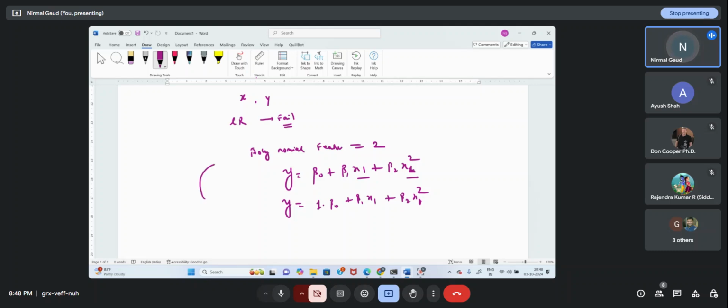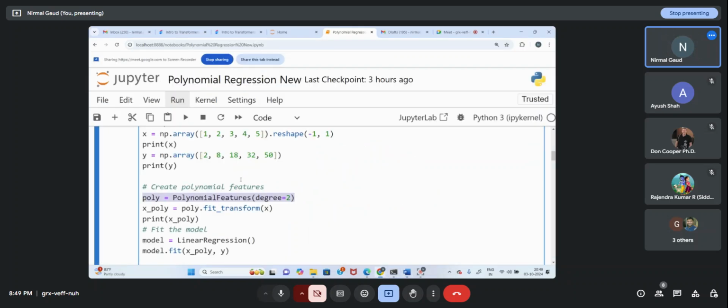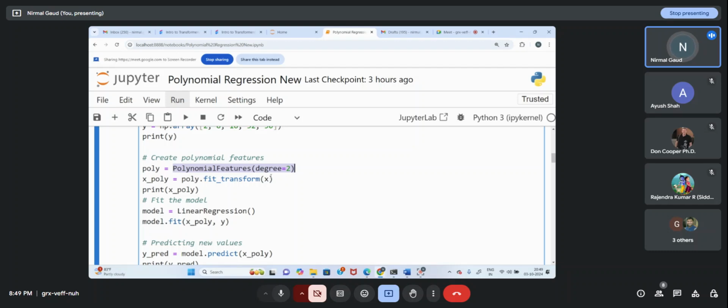So your polynomial feature step, which I mentioned, will create a hypothetical equation of degree 2, highest degree 2, and it will fit your x values inside it.